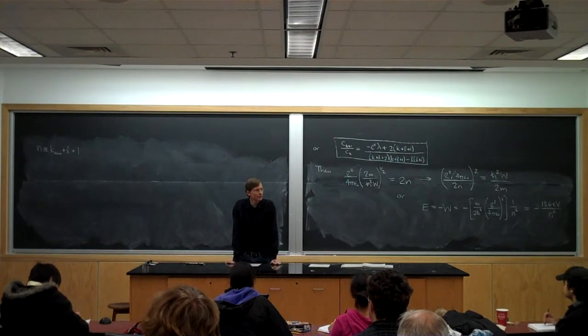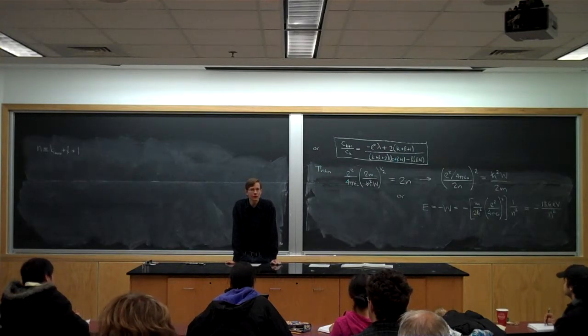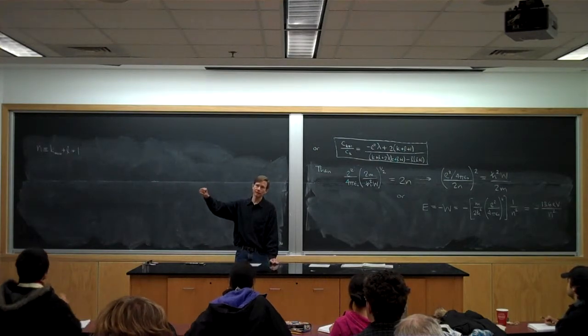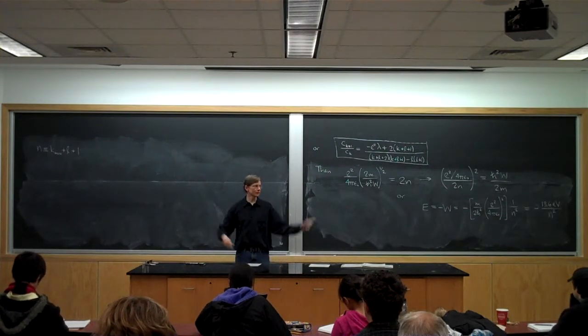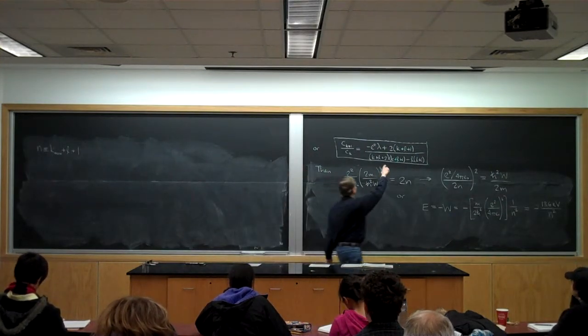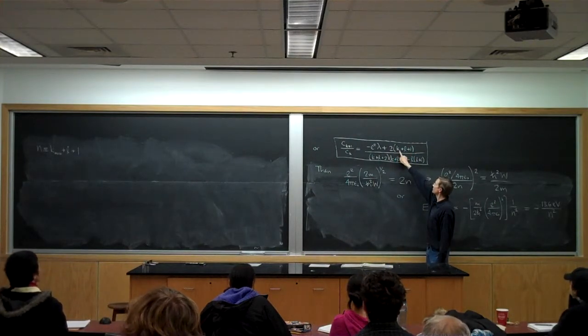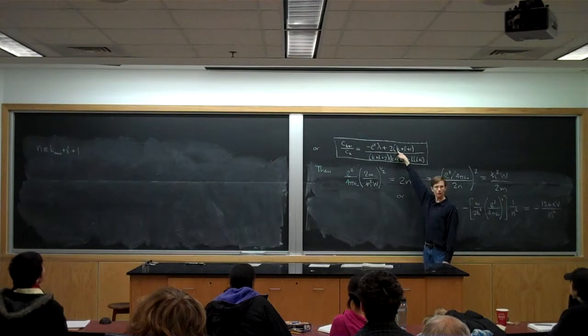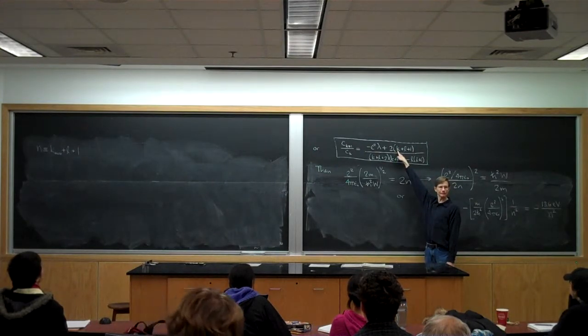Maybe C1 is equal to 0, in which case k max would be 0, because the series starts with C naught, and then there's a C1 term, a C2 term. So you could arrange things so that the denominator, when I plug in k equals 0, goes away, and then k max would be 0 in that case.